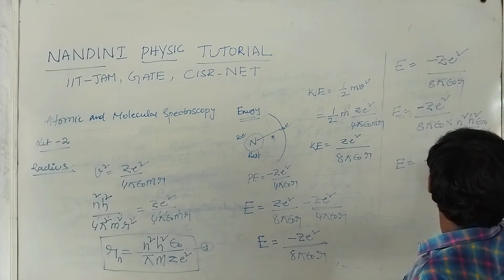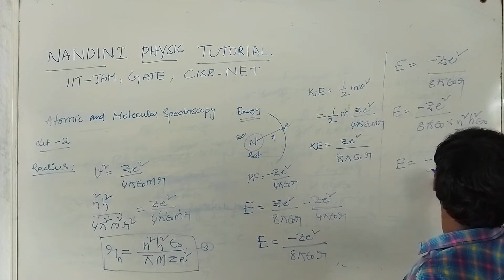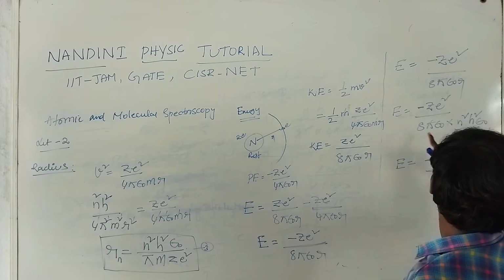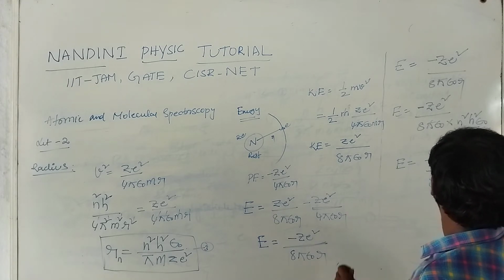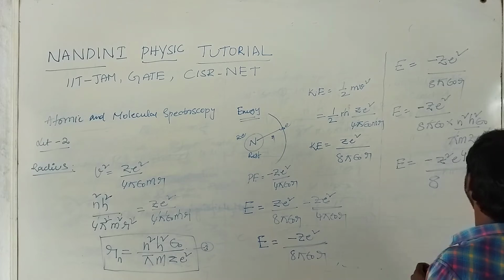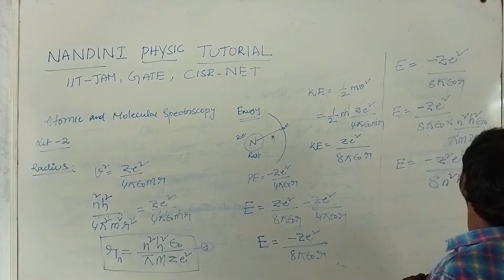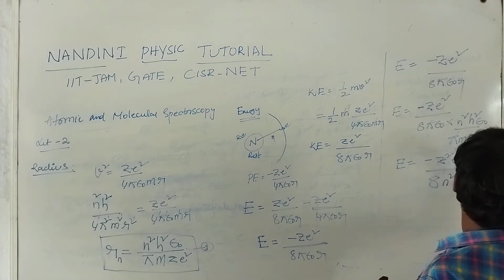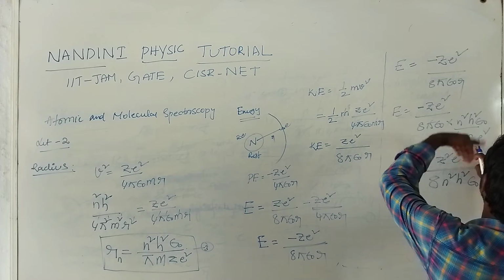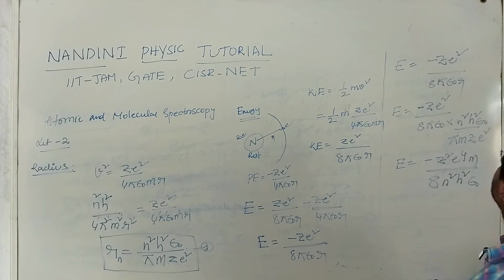So minus Z square e power 4 m divided by 8 epsilon naught square n square h square. And see, this m Z is there, that is called m into m.